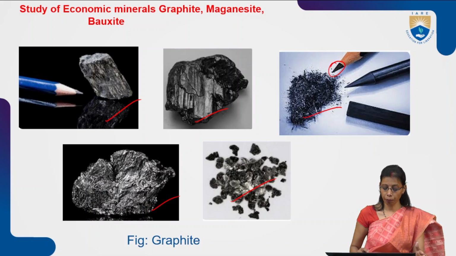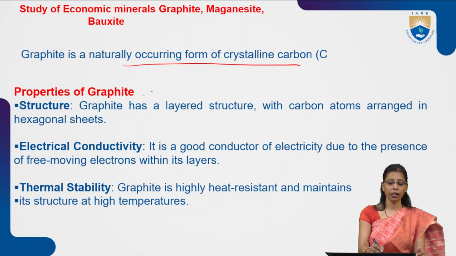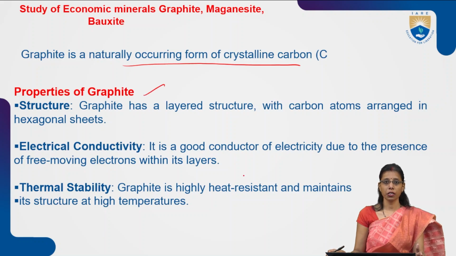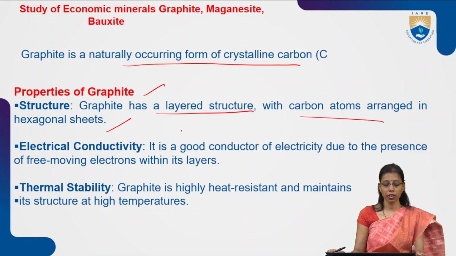Now, if you talk about the properties, graphite is naturally occurring crystalline carbon, C. First, structure: graphite has a layered structure with the carbon atoms arranged in hexagonal sheets. Electrical conductivity: it is a very good conductor of electricity due to the free moving electrons within its layers.